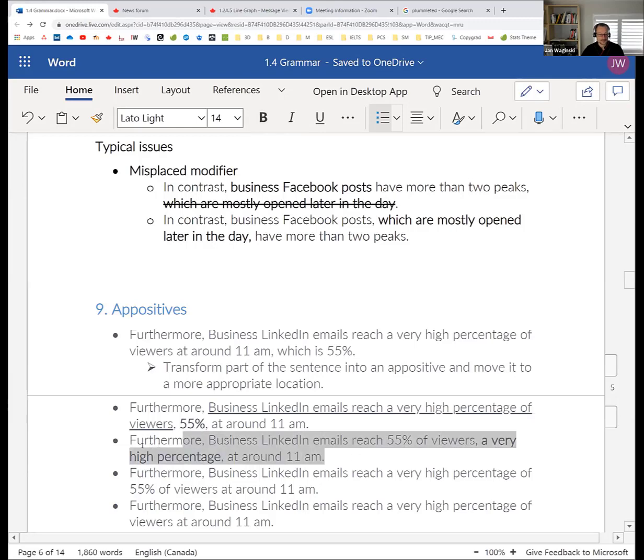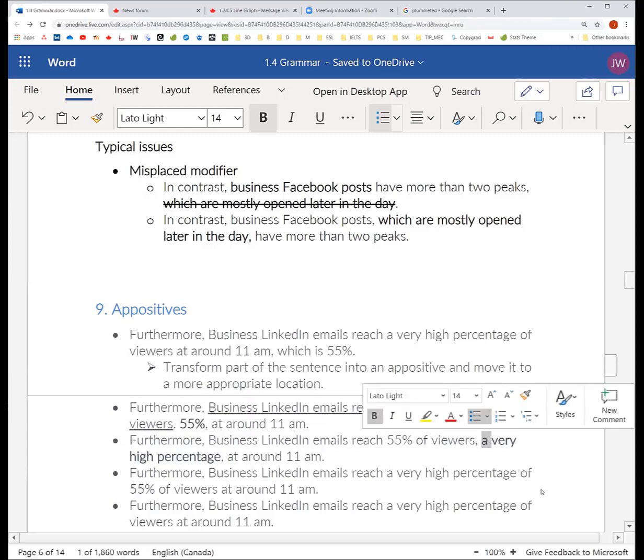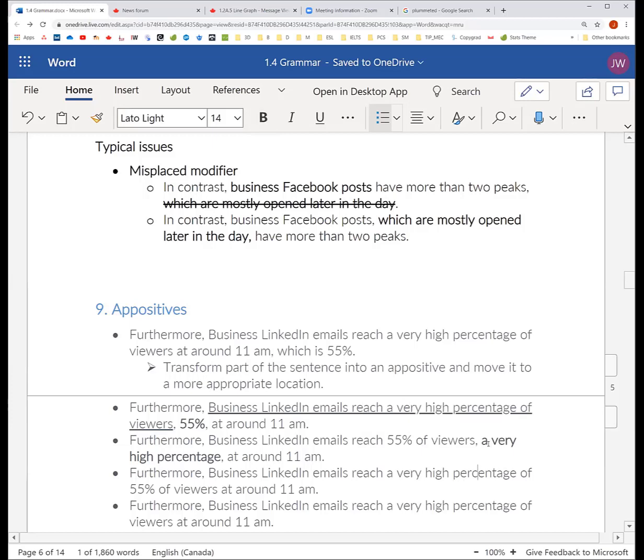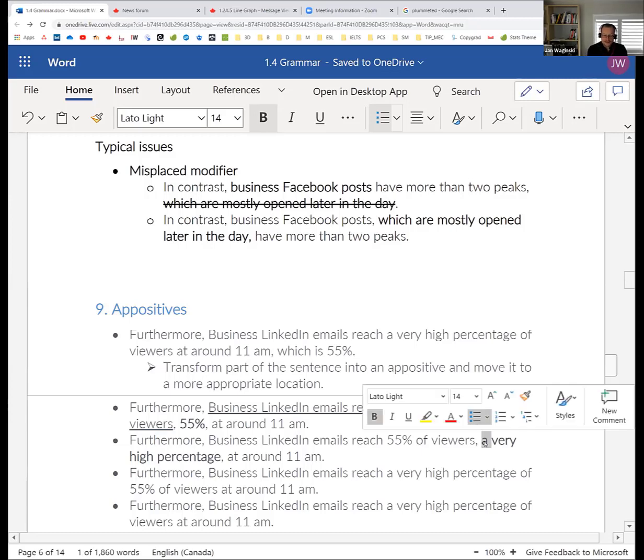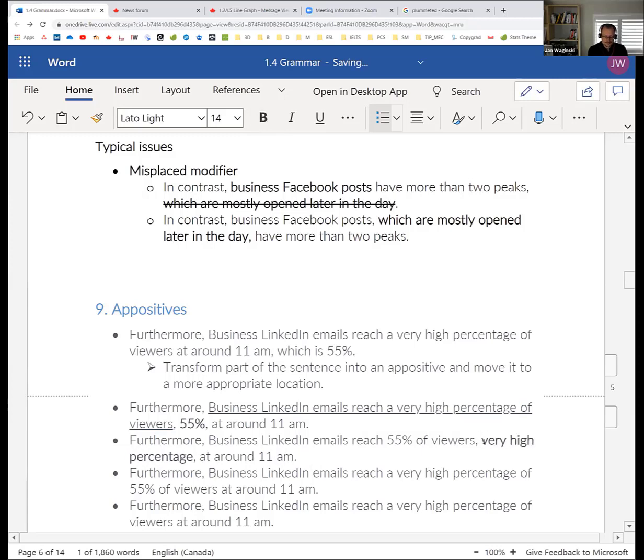Just like here, this one's acceptable too. It's a little bit funny in terms of the construction, in my mind, but in this situation it would be more appropriate, let's say, the highest level seen in the study.